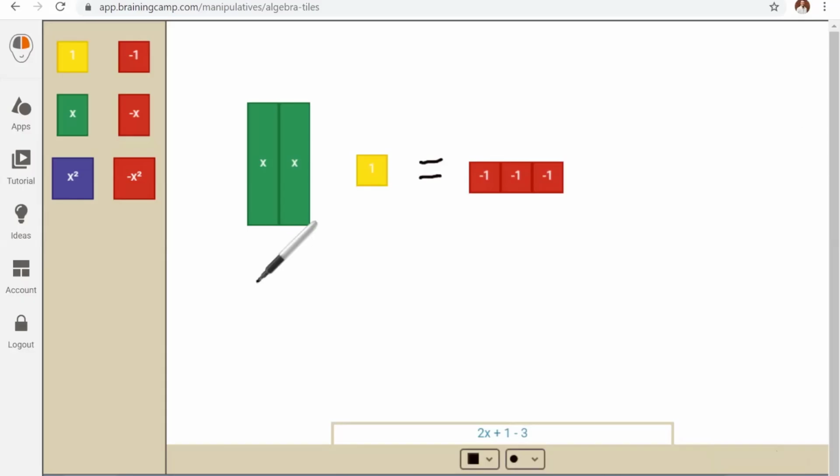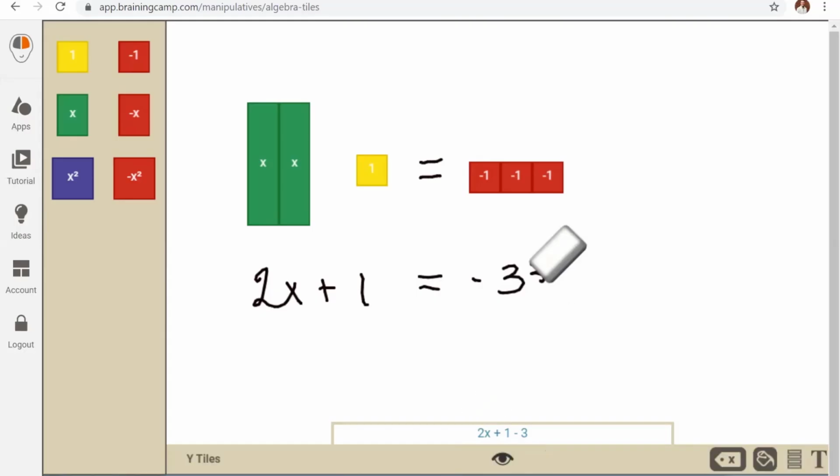We have 2x plus 1 equals negative 3. Oh, that says 33, sorry. All right. Now, we have a plus 1 and a 2 that are both on the same side as our x.